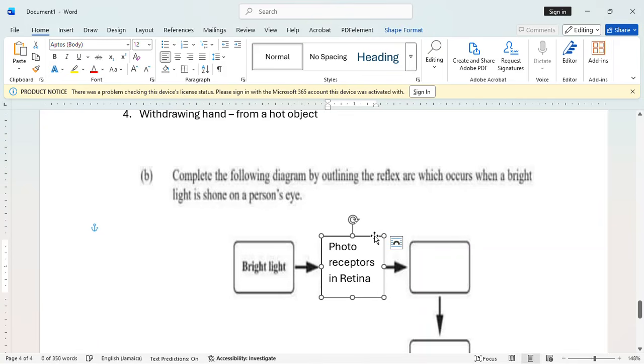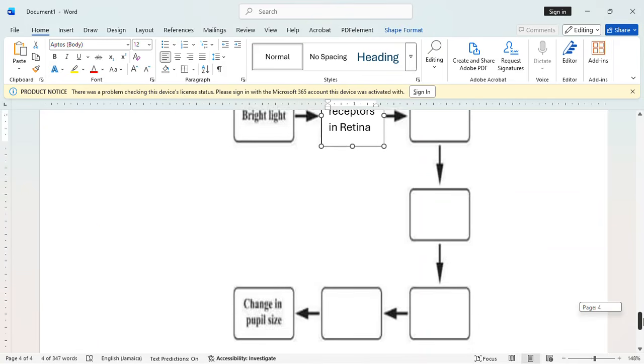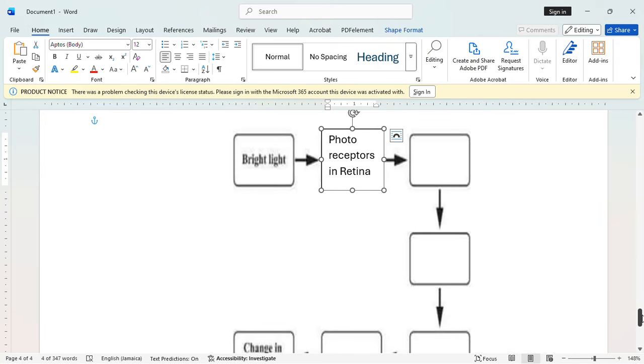Well, we have 7 boxes and we're supposed to deal with the steps. Definitely you're going to have to speak about them in their separate parts. They have different functions.